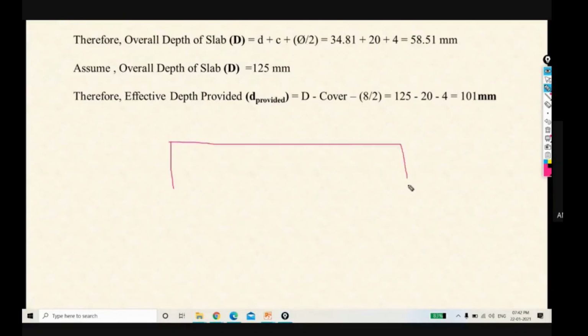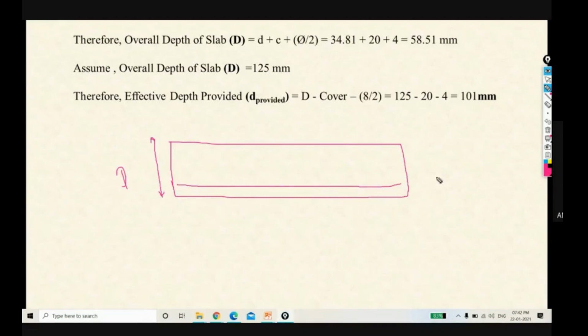Let's say suppose this is our slab depth, this is total depth, and let's say suppose this is our reinforcement, our main reinforcement. So generally from top to the center of reinforcement, this distance we are considering as effective depth.